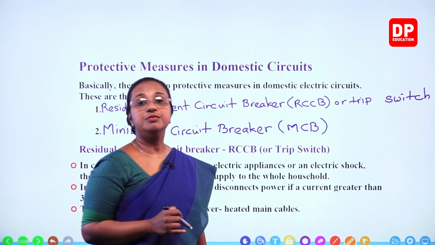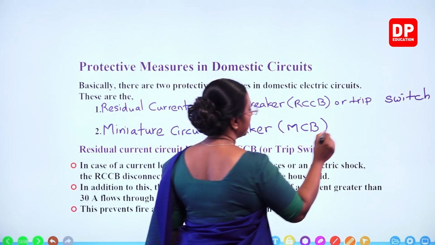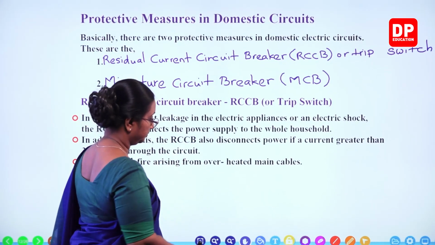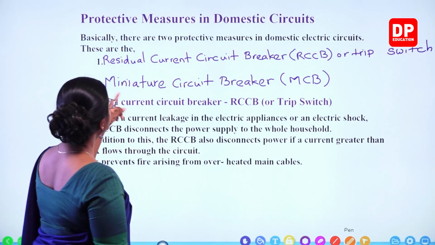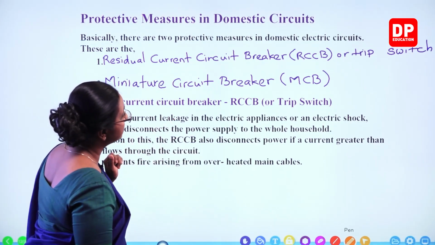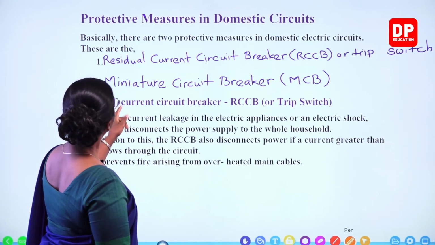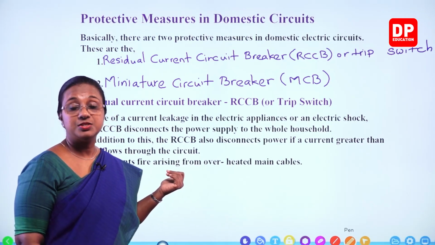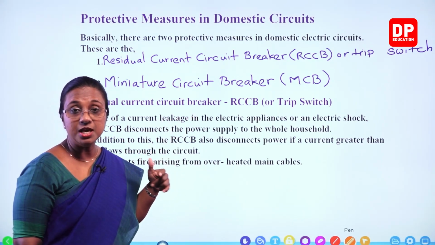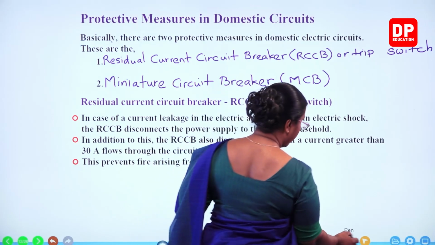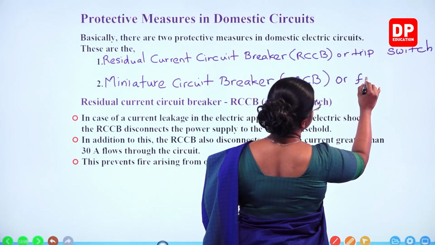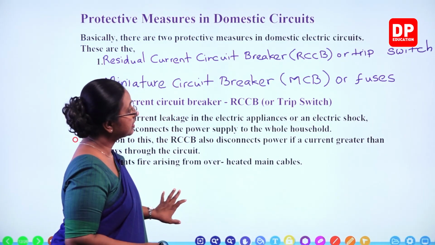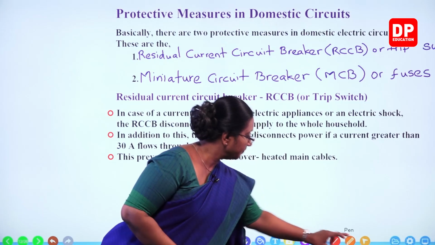These can also be fuses. So those are the two components. The residual current circuit breaker or RCCB or trip switch, then the miniature circuit breakers or MCBs that are present in the distribution box. It can be either MCB or fuses. Here we can also use fuses. Right.